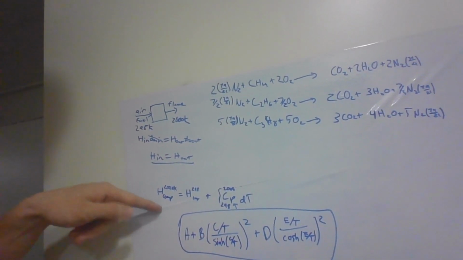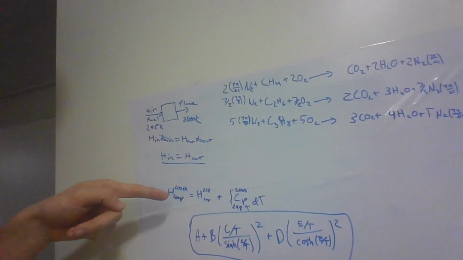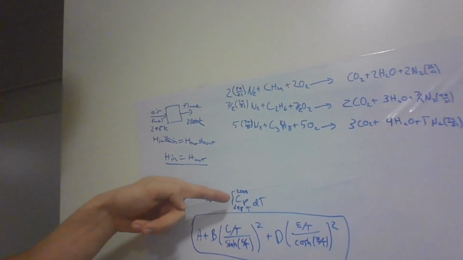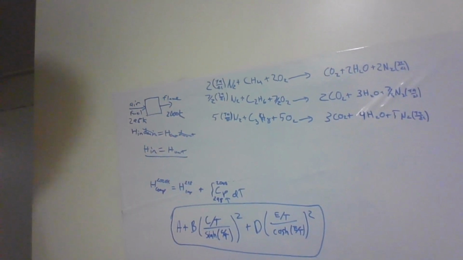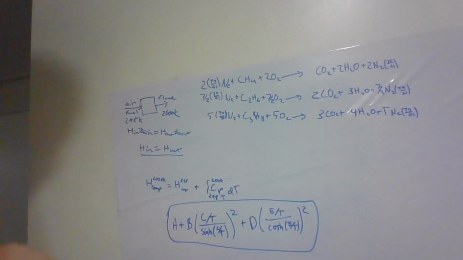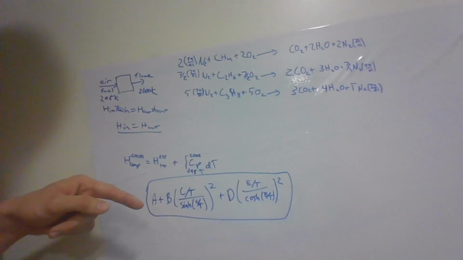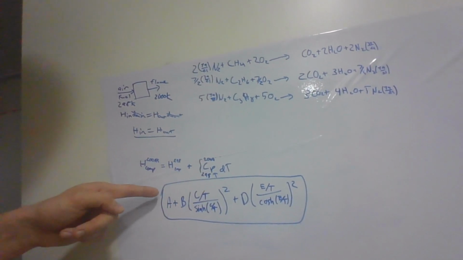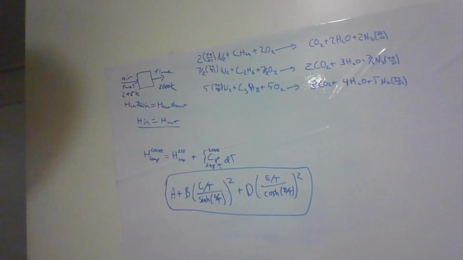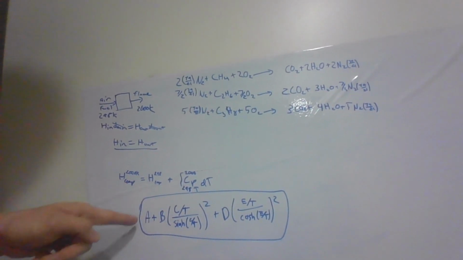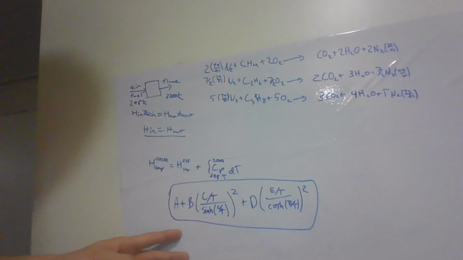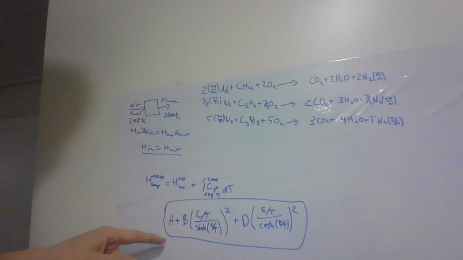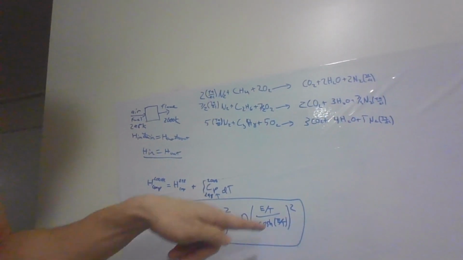When we're talking about specific compounds at the beginning and ending temperature, we have to factor in the heat capacity as an integral from the starting to the finished temperature. We do that by substituting in the heat capacity equation, which we get from ChemCAD. Then we will need to use Wolfram Alpha to get the integrated equation of this.